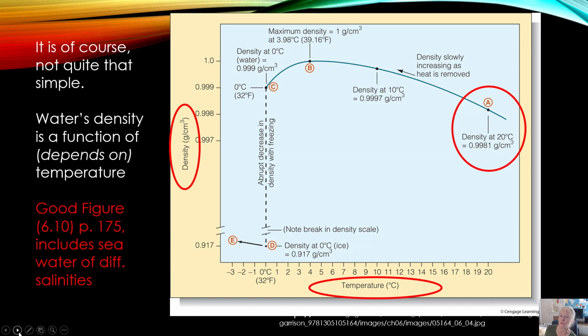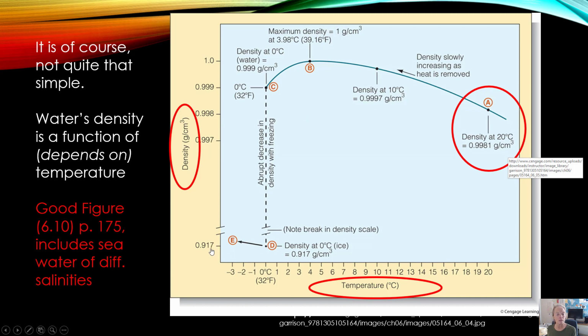So let's take an example. A there. It says density at 20 degrees Celsius, so right above the 20 degrees Celsius, right? That's pretty warm, right? That's, what is that like? 68 degrees. It's 0.9981 grams per centimeter cubed. Notice it's kind of low, like right about here.